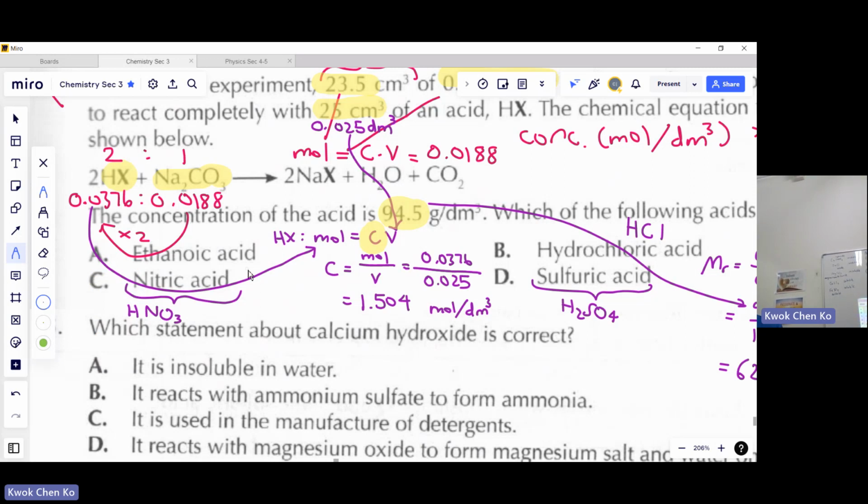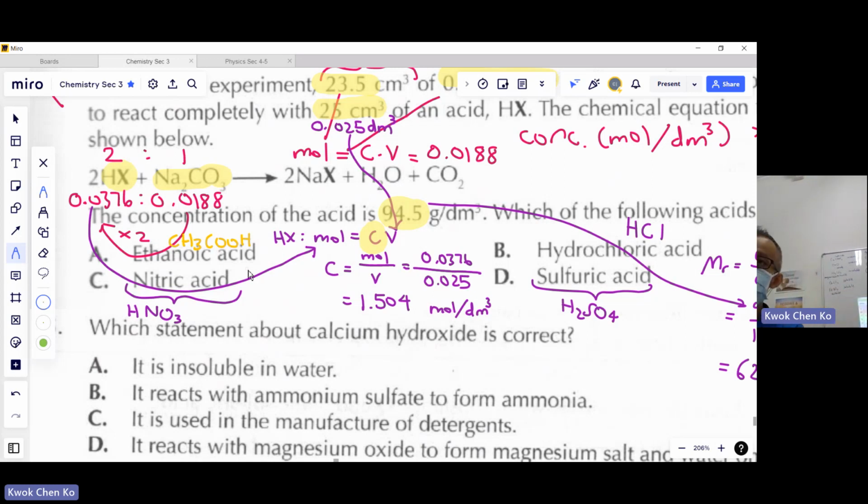What's the formula? Yes, we have done it previously. You need to know this as well.